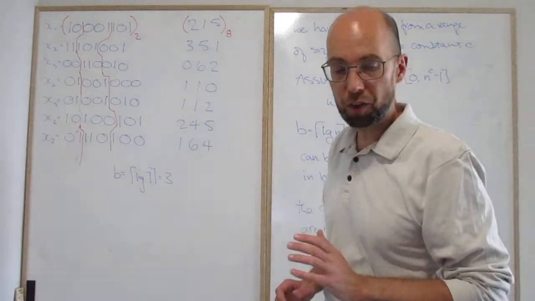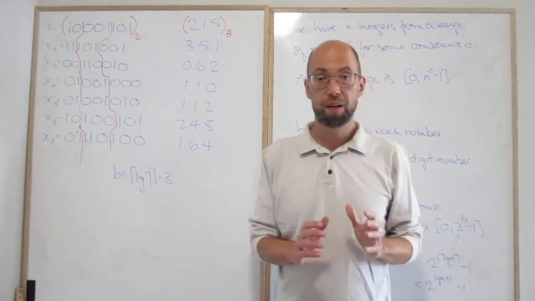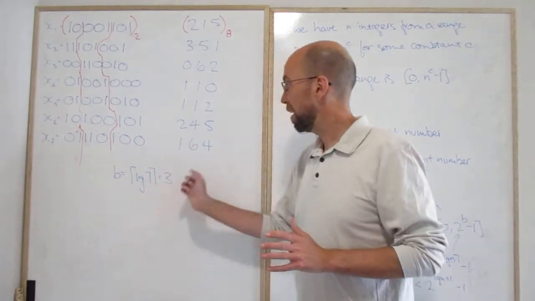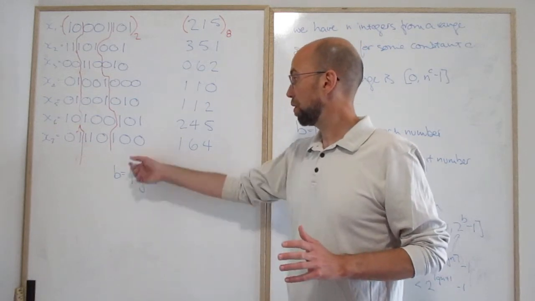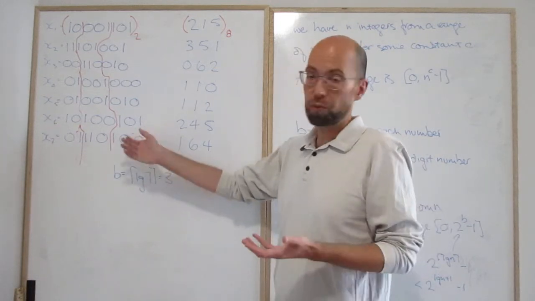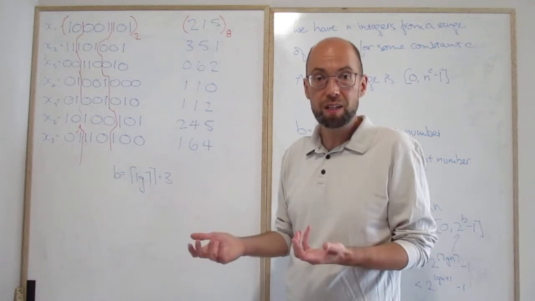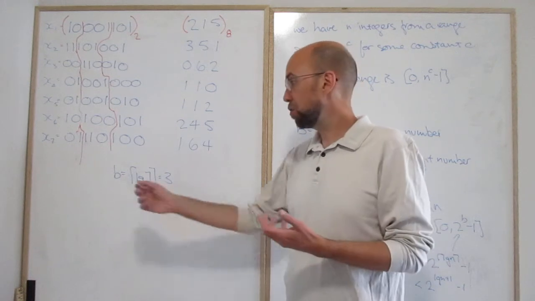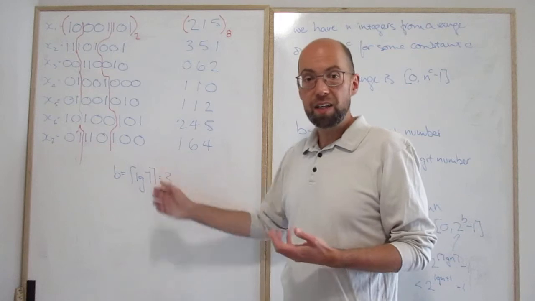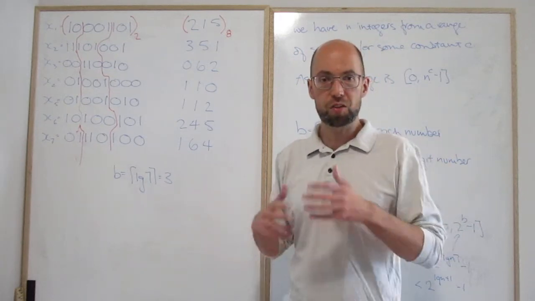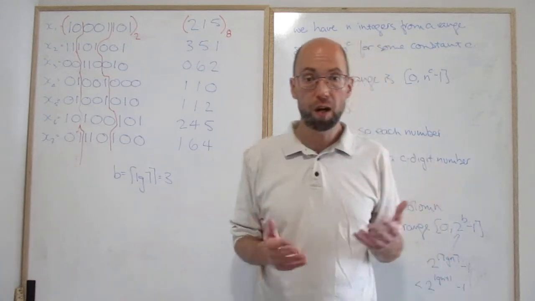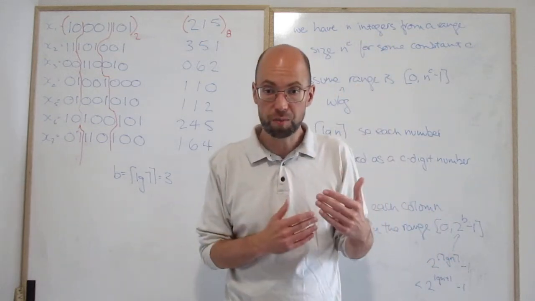Remember, if we choose B like this, then each of these numbers is about 2 to the B, and 2 to the log n is about n, and then you have the ceiling, to make everything an integer, so you end up with a constant factor of 2, but it's still a linear range.